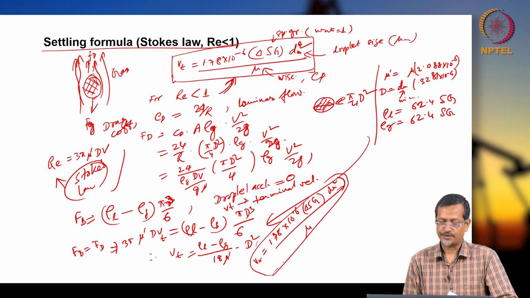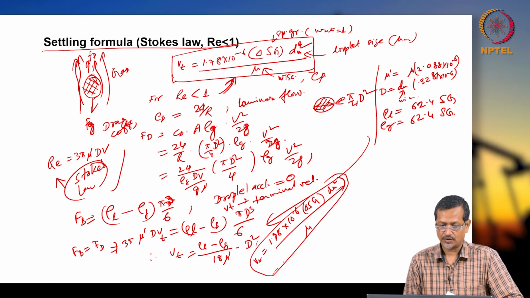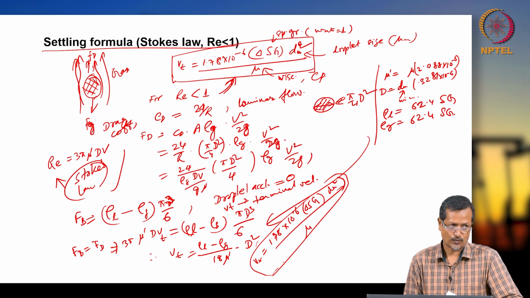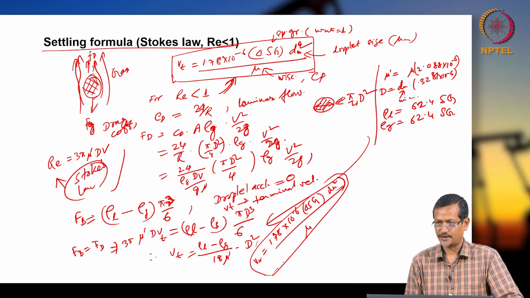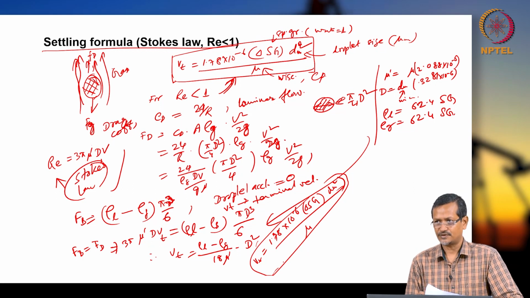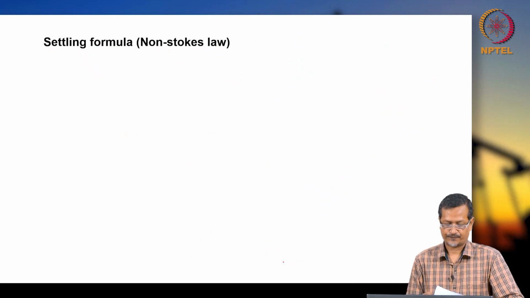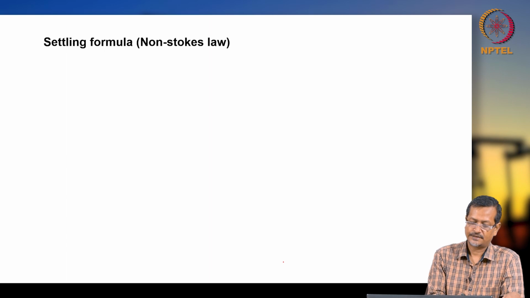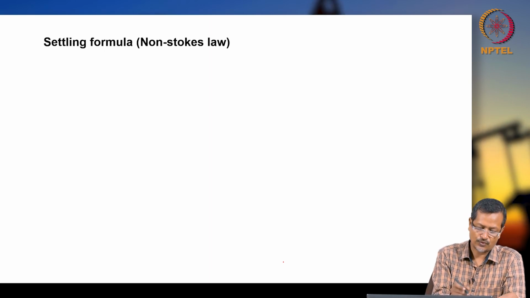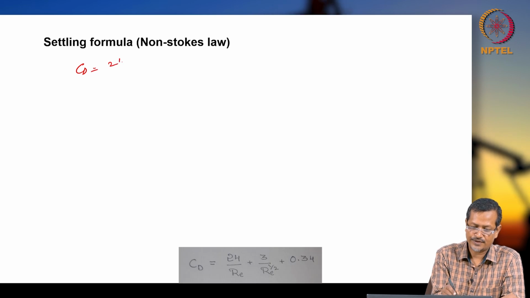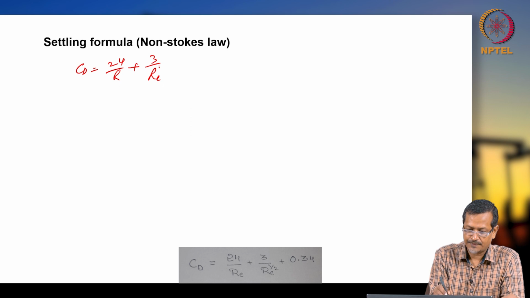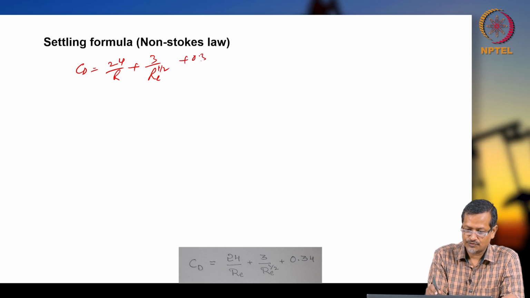Okay, so this is for Stokes law, Re less than 1, but in practice this equation is not valid in oil and gas systems, so you have to modify this equation. So what is the modified form? In practice the Stokes law does not hold. So in this case the modification is like this: CD value will be 24 by Re plus 3 by Re power half plus 0.34.